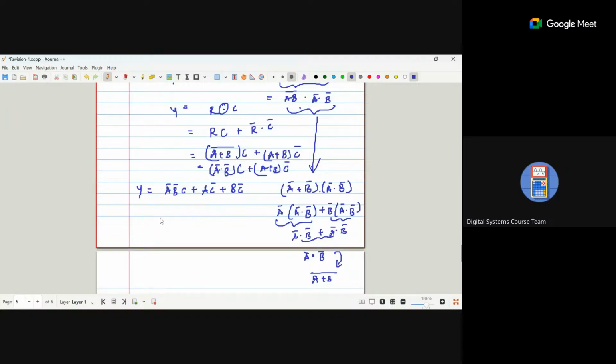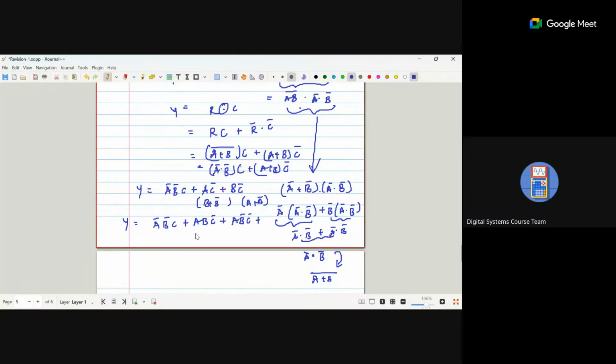And what we were trying to find? We were trying to find the minterms. So now if we have A, B, C and we don't have a term, how do we introduce the B term here? We'll take B plus B complement. So this will be A B C complement plus A B complement C complement. Similarly, for this we will introduce A complement.